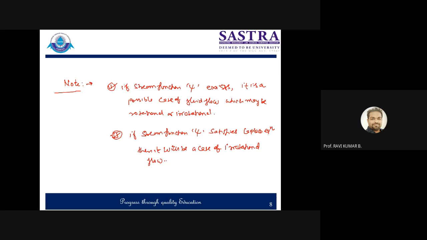So these are the two important observations we have made based on φ: if φ exists, that means it has to satisfy the Laplace equation on φ. Once we came to know it is existing, that means it is a case of irrotational flow. So potential flow is always a case of irrotational flow, but streamline flow may be rotational or irrotational. That you keep in mind.